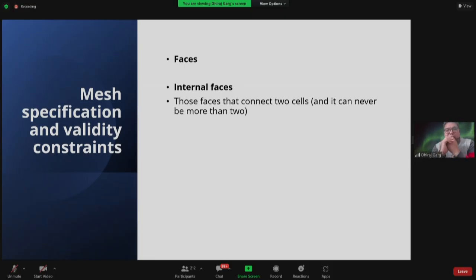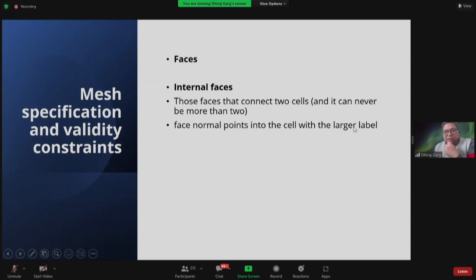Now it has to become part of both the cells. Okay, and since this is common, the face normal points into the cell with the larger label. So larger label means the direction of the normal on the surface would be from the cell which is formed first towards the cell which is formed later.